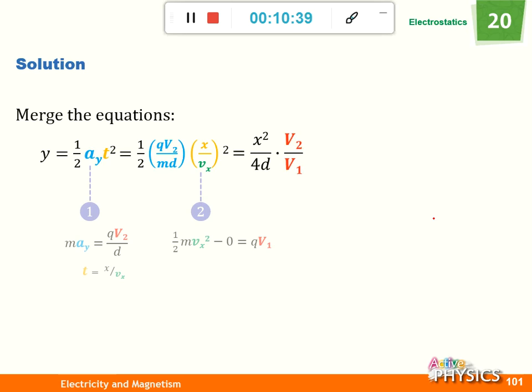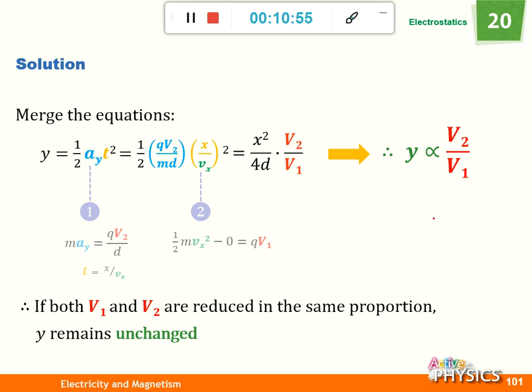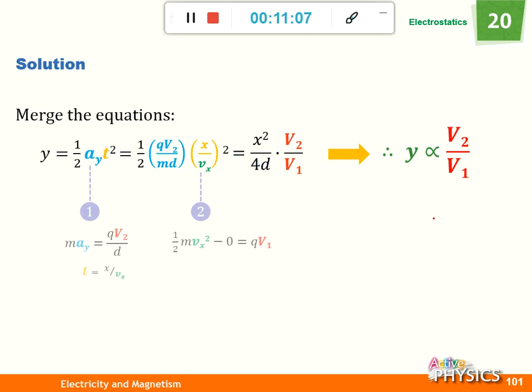Finally, we can see the ratio between these two voltages, and then y will be this relationship. If both V1 and V2 are reduced in the same proportion, y remains unchanged. This is the proof. Go back to this.